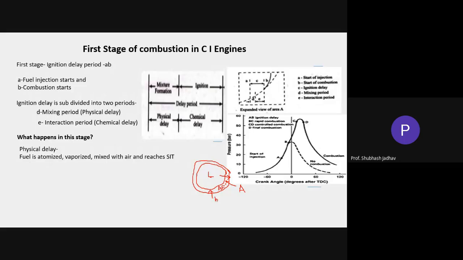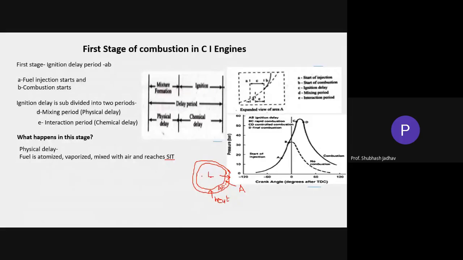Then and only then it is going to vaporize. So here heat is being absorbed. Air molecules are going to diffuse in. Fuel molecules are going to diffuse out. The air fuel mixture is going to form. And this particular mixture will reach the self-ignition temperature of the fuel.